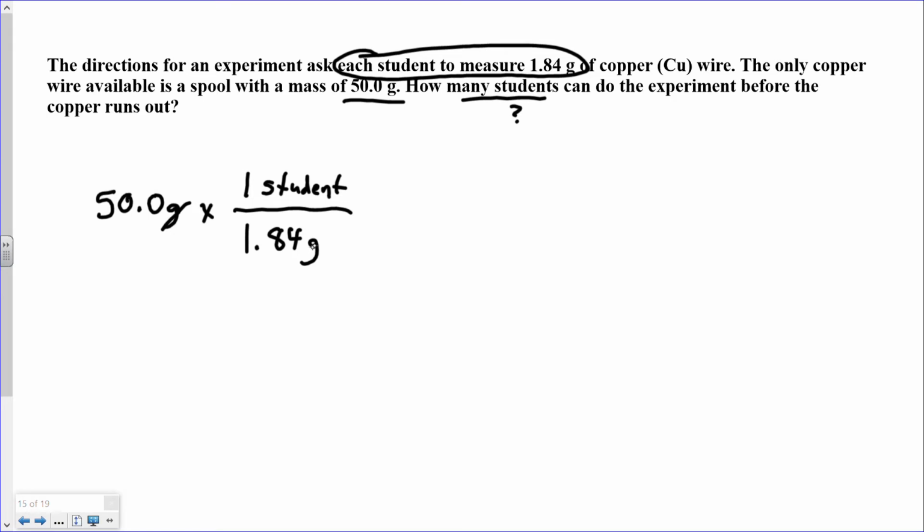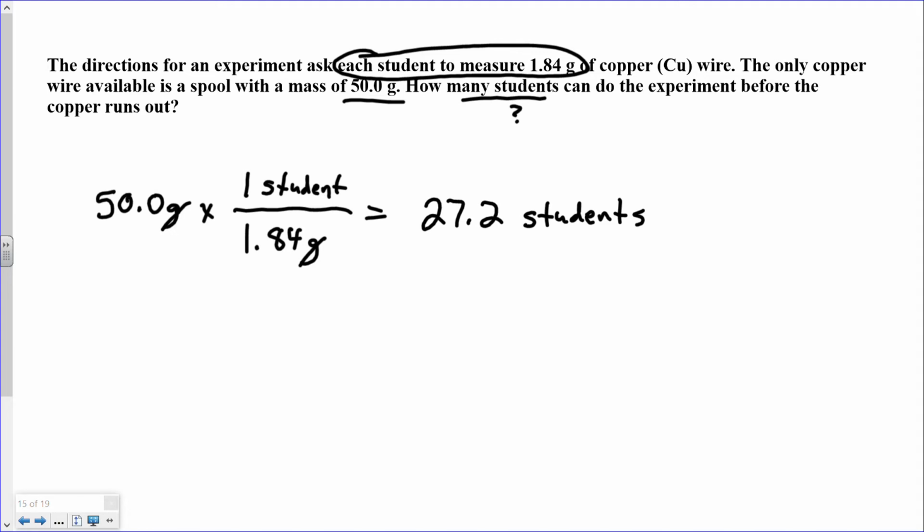So units of grams cancel out, and I'm left with now units of students, which is what I was trying to get to. So when we solve for this in the calculator, we get 27.2, and the units of students is going to be our units.